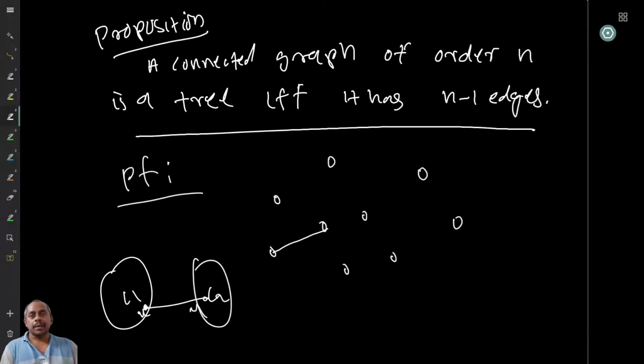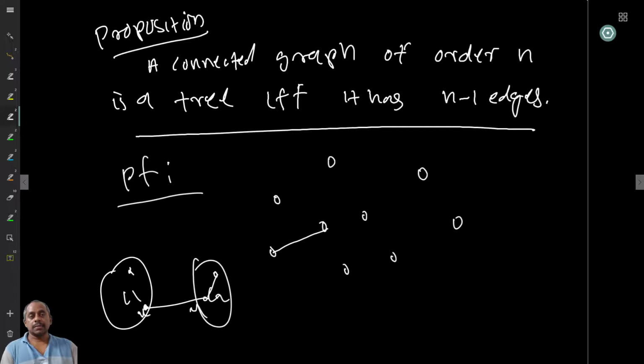Now, to find a path from any vertex to any vertex in this big part, all I have to do is take a path from the starting vertex to, let's say, u, then take the edge u to x and x to y, and from y to any other vertex that we have here.